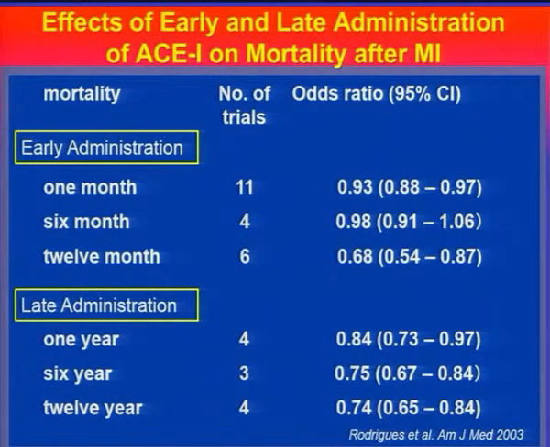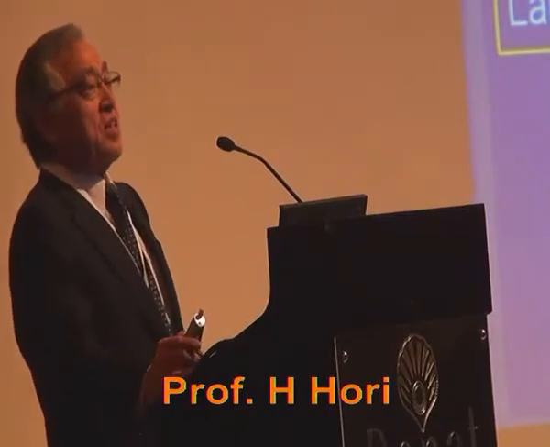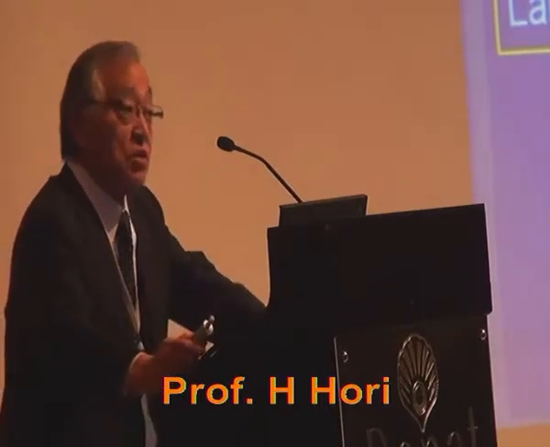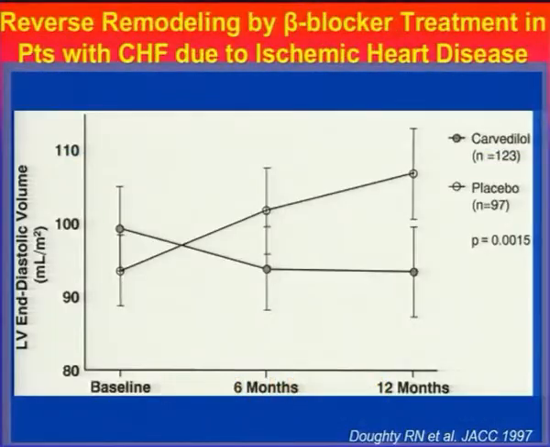Both early administration and late administration show a better odds ratio. That means ACE inhibitor is not necessarily limited to early administration. Even late administration, continued for a long time, is better for improvement of the remodeling. How about beta blockers?